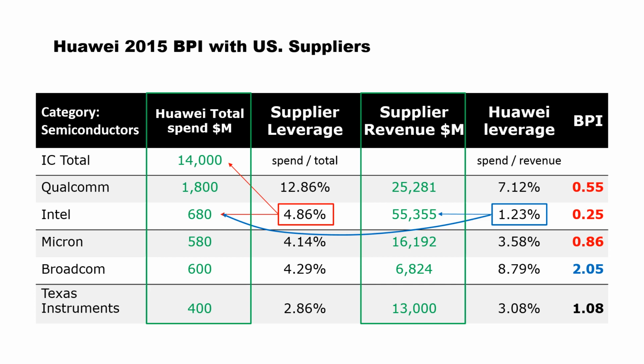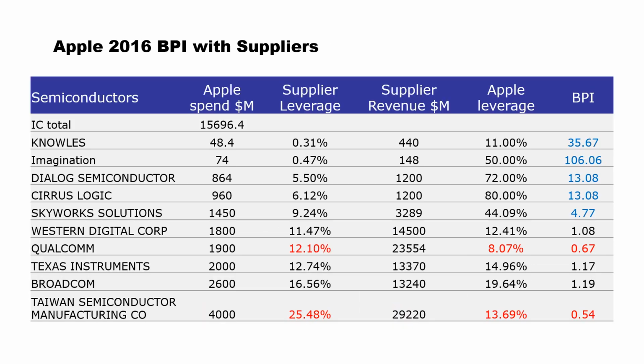We can see that Qualcomm also has a bargaining power over Huawei, but Huawei has a bargaining power over Broadcom. Huawei's leverage over Texas Instruments and Micron is about the same as these suppliers' leverages over Huawei, so their bargaining powers are about the same. We can do the same analysis for Apple with its major semiconductor suppliers.